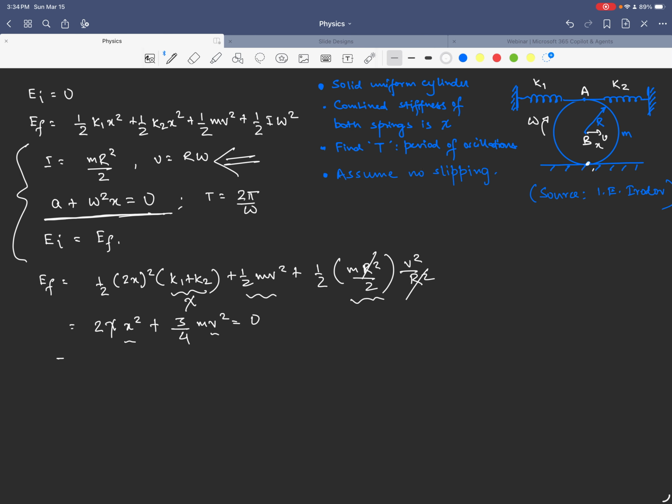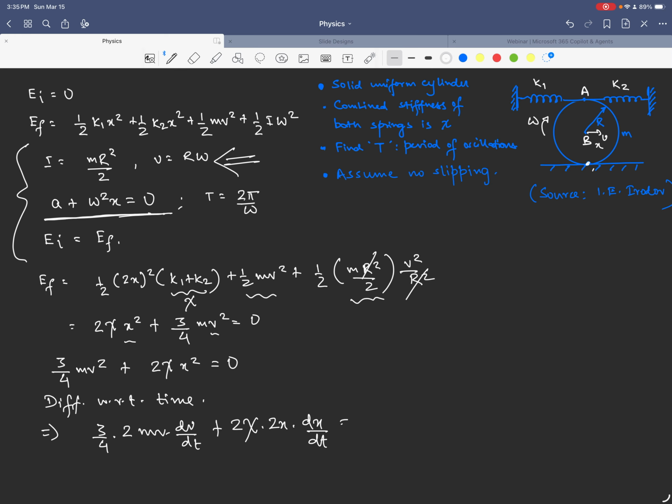So let me just rearrange this equation for better clarity, where the acceleration term can appear first. And now I'm going to differentiate this whole equation with respect to time, which implies that 3 by 4 into 2 mv dv by dt plus 2 xi into 2x dx by dt equal to 0, right?